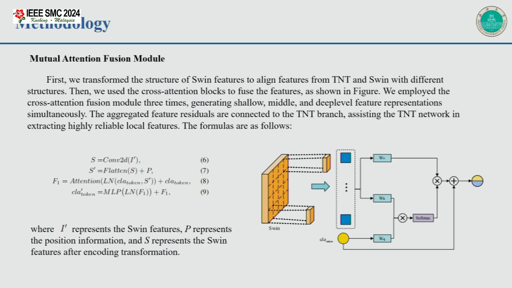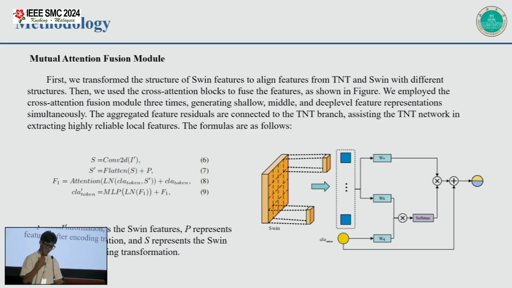Let's move on to the first model we proposed, the mutual attention fusion model. We transformed the structure of features. Then we used the cross attention blocks to fuse the features.